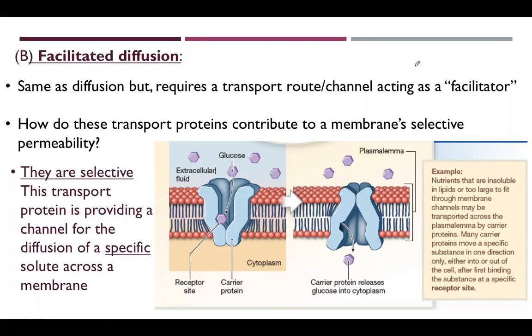The second type of passive transport is facilitated diffusion. This is the same as diffusion, but this time it requires some kind of channel or transport route to act as a facilitator, to help that molecule or particle into the cell. Can you guess why it would need this channel?